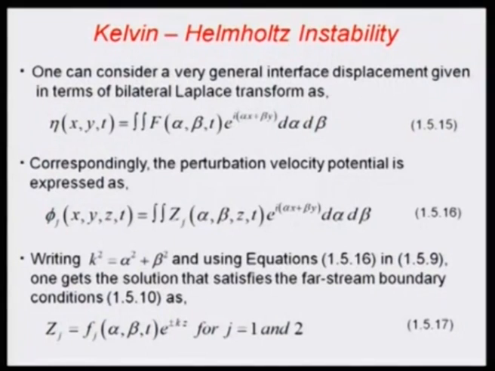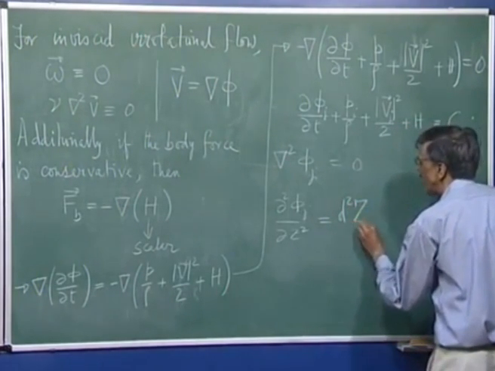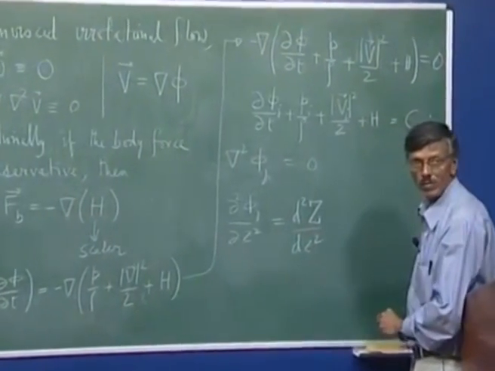So, for a given alpha and beta, I could simply write this as something like d 2 capital Z d z square, right.